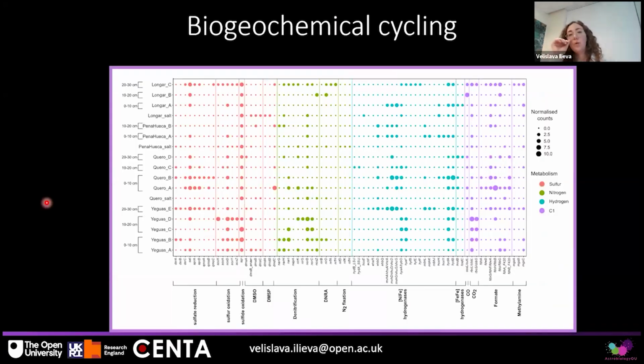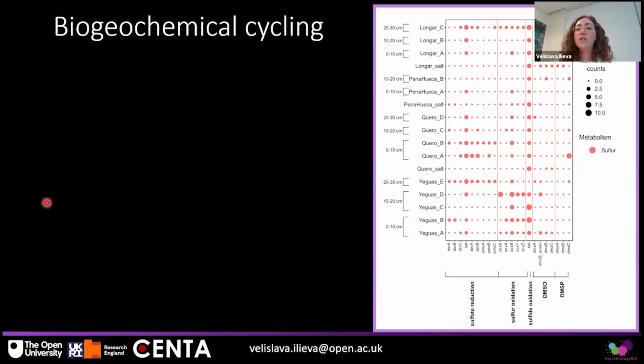And finally, I will quickly talk about biogeochemical cycling, because this is highly relevant to hypothetical life on Mars. I will focus on each metabolism separately. First, sulfur cycling. Sulfur is extremely important on Mars.